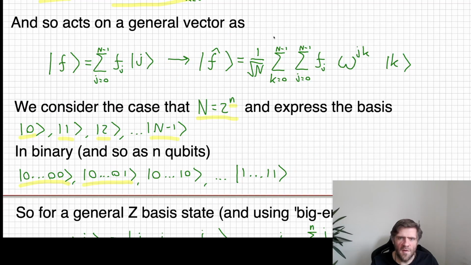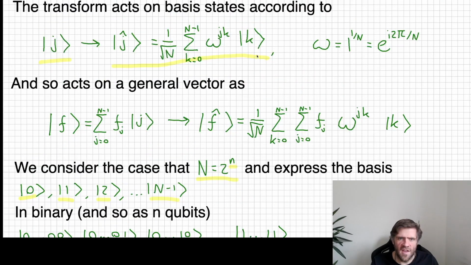So when we go up and see these j's, we can remember that they're actually n-qubit states for some arbitrary n. So we're taking some n-qubit state, which is just a binary representation of some number, and from that we are getting the corresponding Fourier transform state, which in all cases will be a superposition of all of the basis states with various phases in here. So here these omegas are roots of unity.